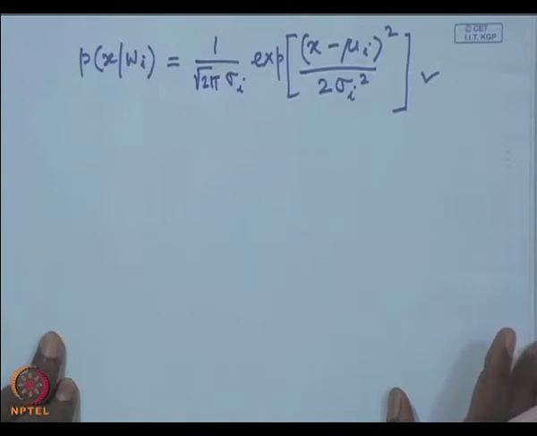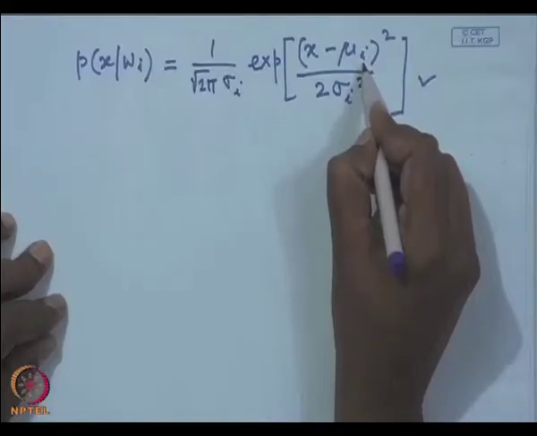So, naturally, if I want to find out what is p of x given omega 1, I will take samples only from class omega 1. I will not take any sample from class omega 2, omega 3 and so on. Similarly, if I want to compute p of x given omega 3, I will take only samples from class omega 3.